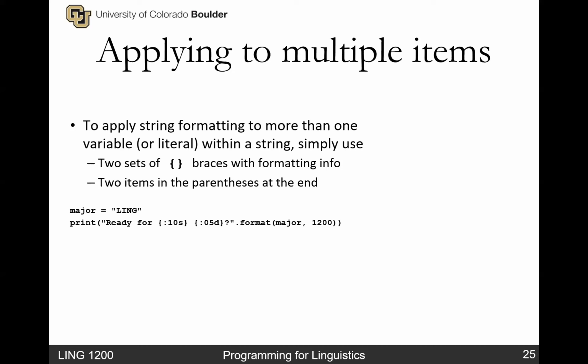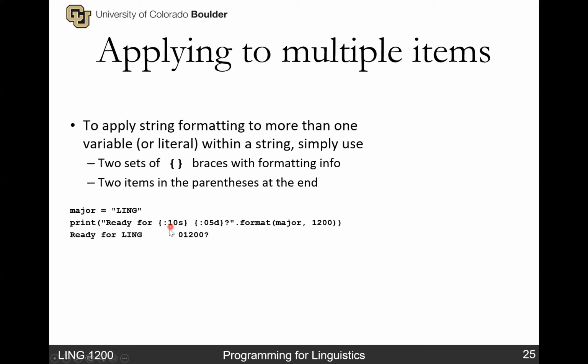So in this case, we've got our string "ready for," and then we have two sets of curly braces, and then two items, one variable and one integer literal, between the parentheses. And this will get printed out like that.